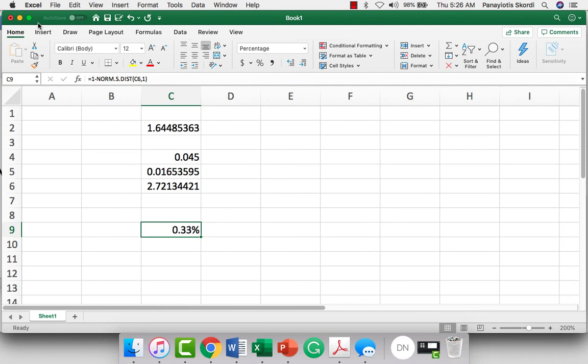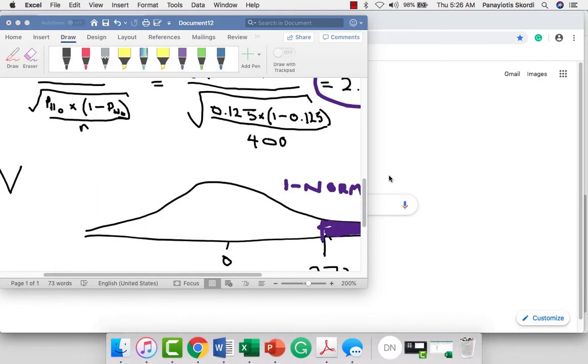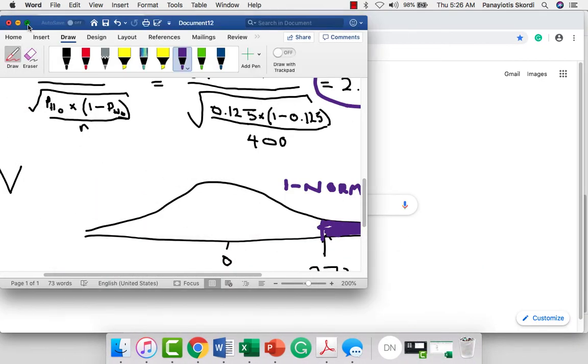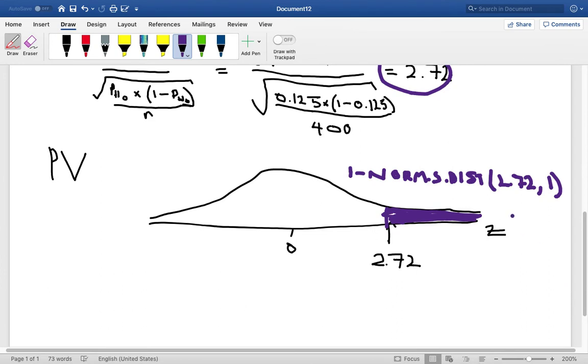So, okay, let's go back. And now we know what the answer to this is. It's a very small value, 0.33%. And to solve this problem using the p-value approach, I need to check to see if alpha is greater than or equal to the p-value, in which case we reject H0, or if alpha is smaller than the p-value.